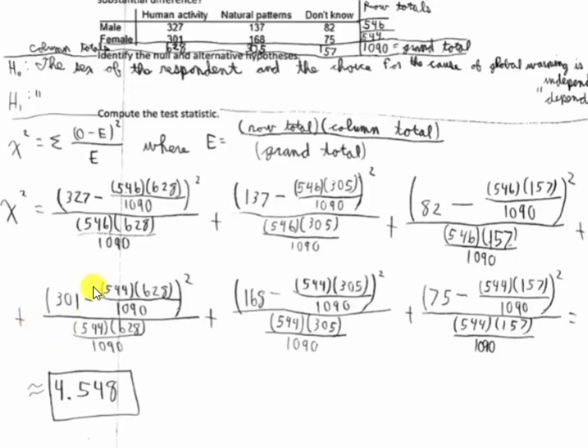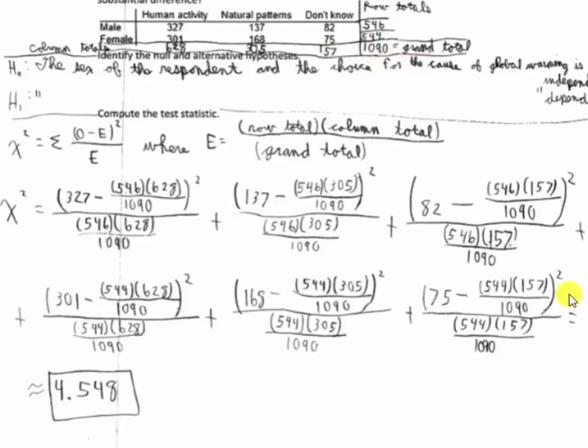Plus, the next observed is 301. We're going to subtract that by 544 times 628 all over 1090. And again, square that, divide that by that same expected value, plus 168 minus, to get its expected value, 544 times 305 divided by 1090 squared, and again divide that by that expected value, plus our last observed would be 75 minus 544 times 157 divided by 1090.